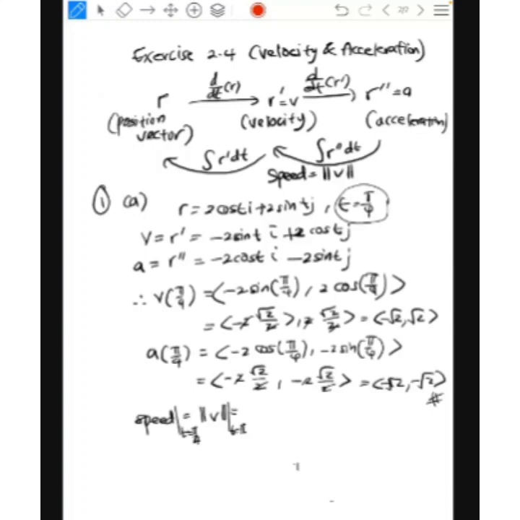That is the square root of negative square root 2 squared plus negative square root 2 squared. 2 plus 2 is 4, and the square root of 4 is 2. Okay, the answer is 2.